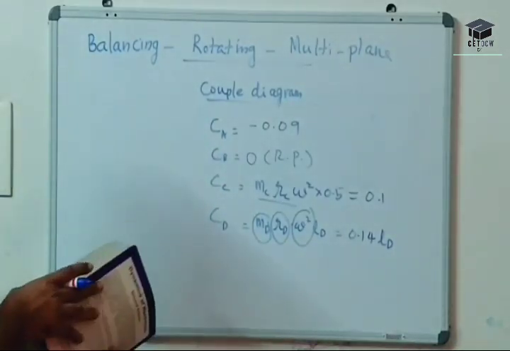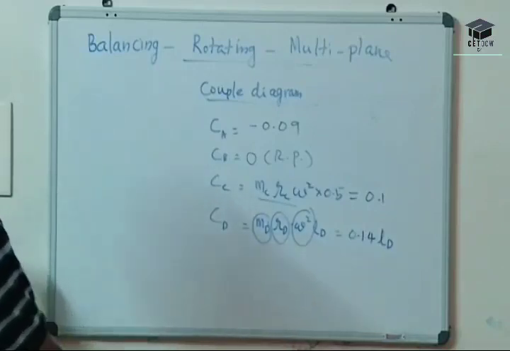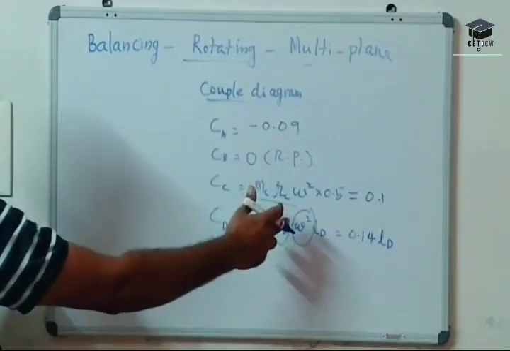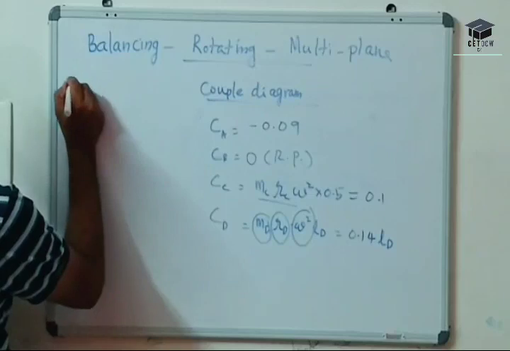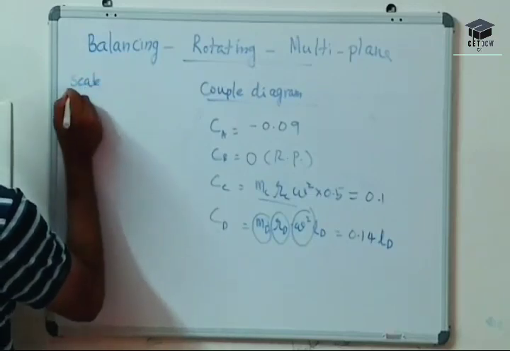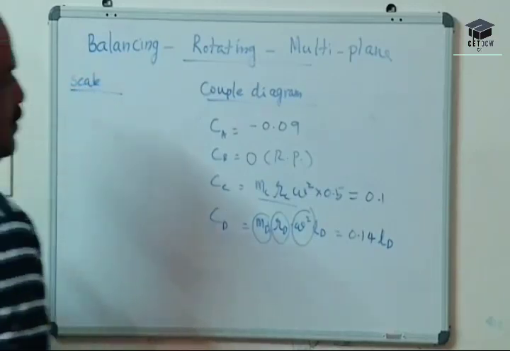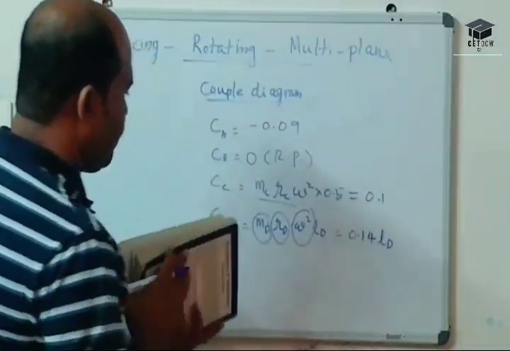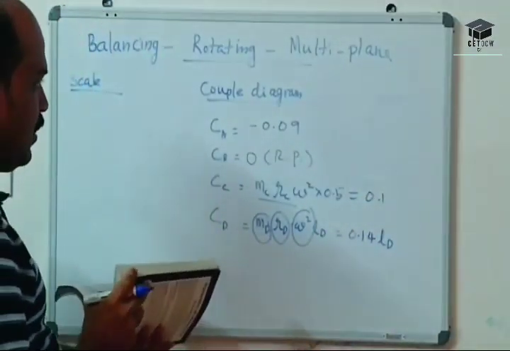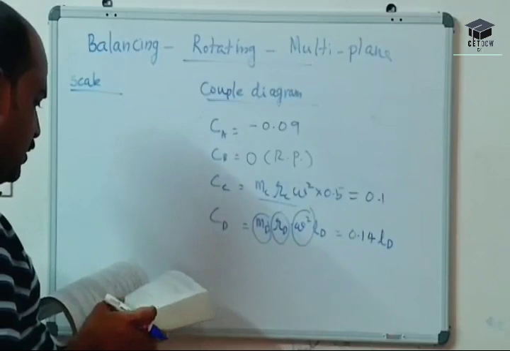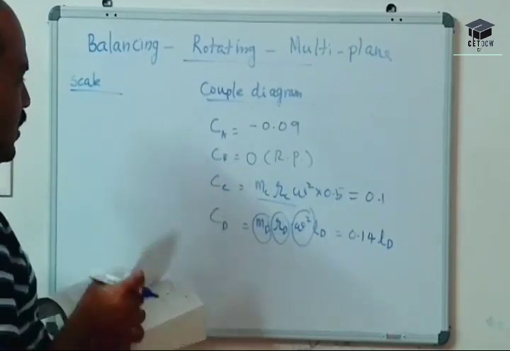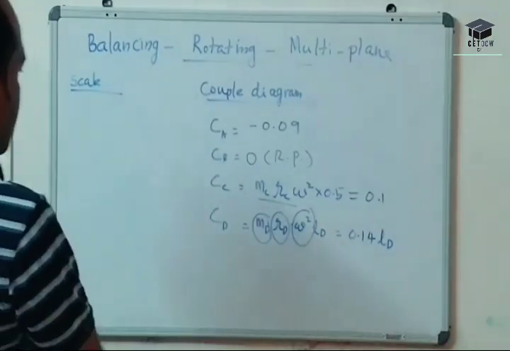Now, how will you draw the coupled polygon? These are the data required for the coupled polygon. To draw the diagram, you have to calculate the scale. So these values 0.1, 0.14 LD, minus 0.09 are the various values. You can take any suitable scale.